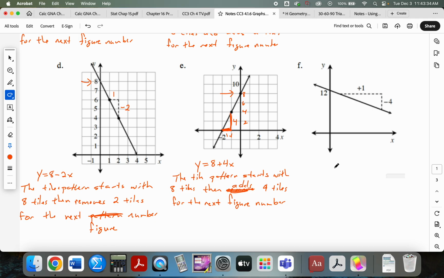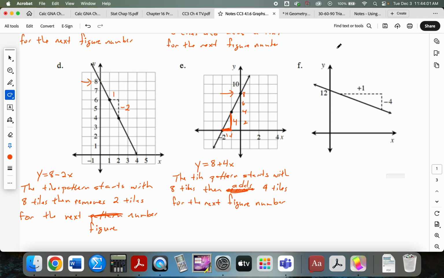Someone said that they did negative 4 plus 12x, and I'm like, that's not the same thing. I did y equals 4x minus 12. That's wrong. That's what I'm telling you. Negative 4x plus, that's not the same thing.